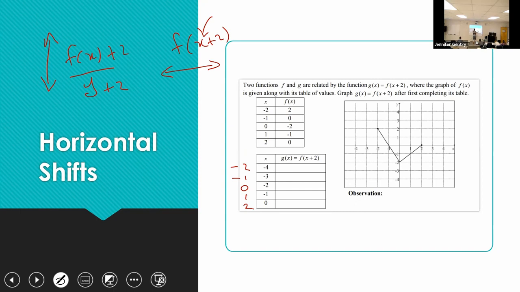So, is this going to shift horizontally or vertically? I mean, it says it on the board, but that's okay. Horizontally, right? Because we changed the x. So, here's our x. Our y is, we put this in here. So, negative 4, 2. Negative 3, 0.